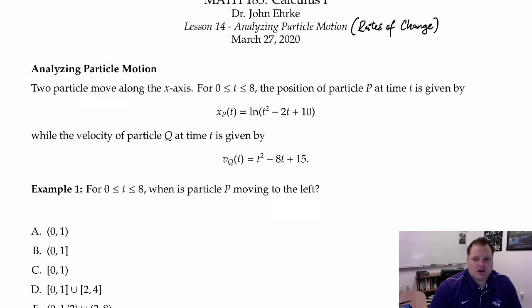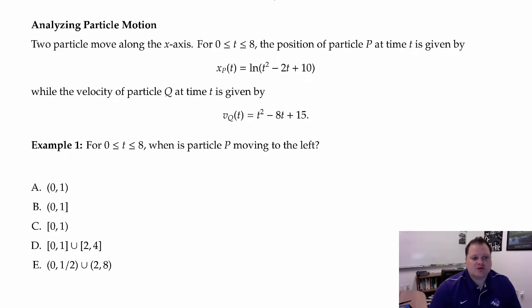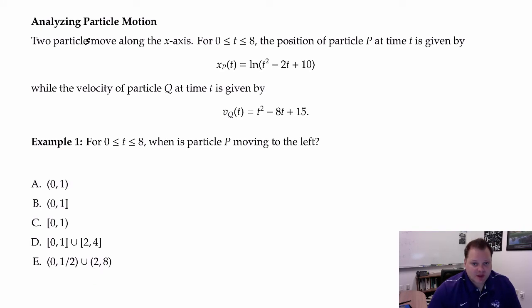Alright, so I want to start with a basic example here. Suppose you have two particles moving along the x-axis, and we're going to look at their trail for the time interval from 0 to 8. One particle, we know its position is given by this function. The other particle, we know its velocity is given by this function.